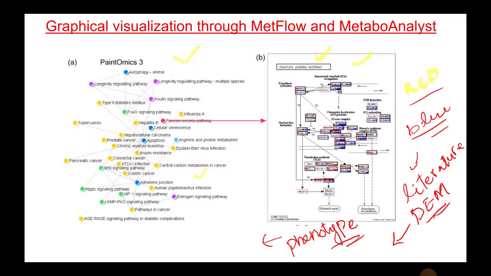Like if a metabolite was related to iron or anemia, of course, then you can choose this pathway. But actually the selection of any pathway is very tricky. It does not depend on only one factor; there are many factors which may ultimately affect the selection of your final pathway.